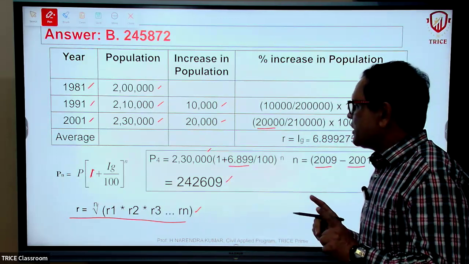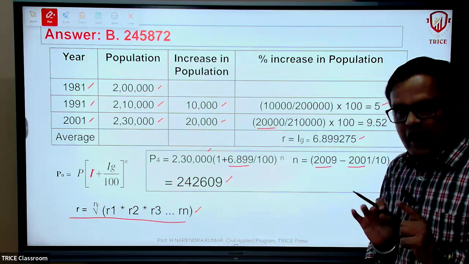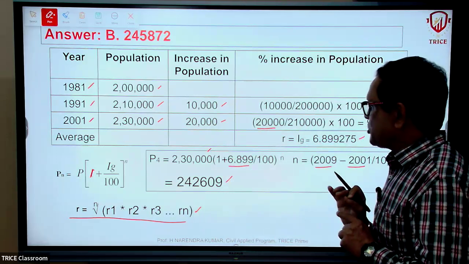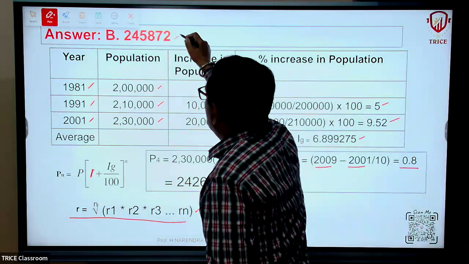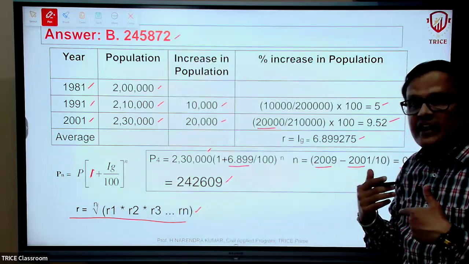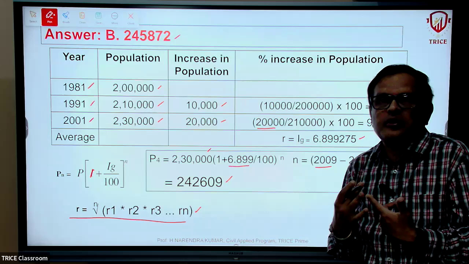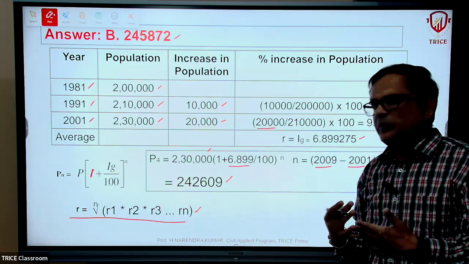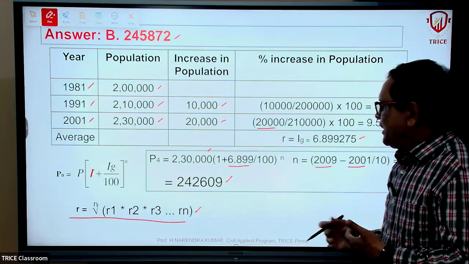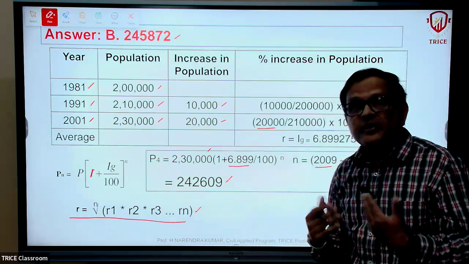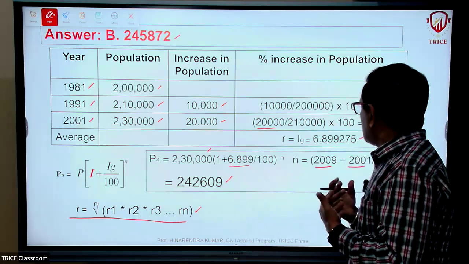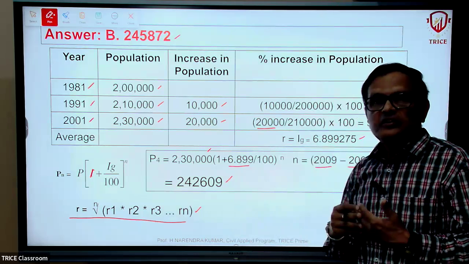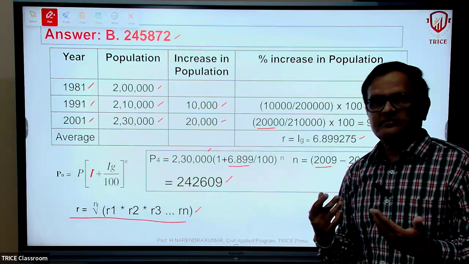But we should not get frustrated after looking at the options. We need to look at the nearest value, 2,45,872, because as I said earlier, there are several ways of solving this problem. One is that the value of R is calculated based on the geometrical mean. You can also calculate the value of R in terms of Ig using arithmetical average.